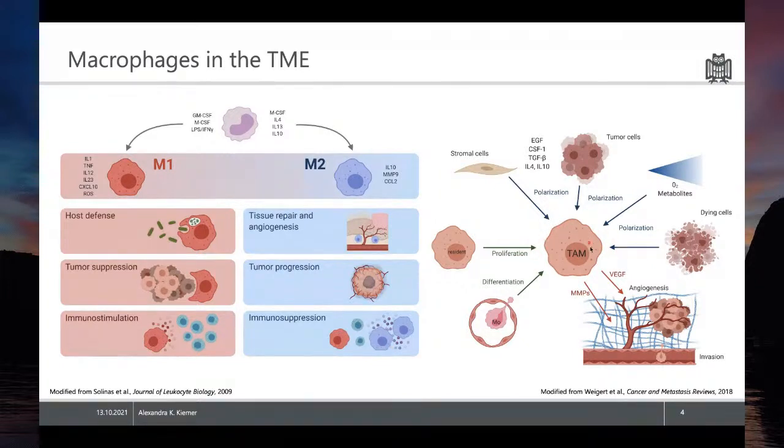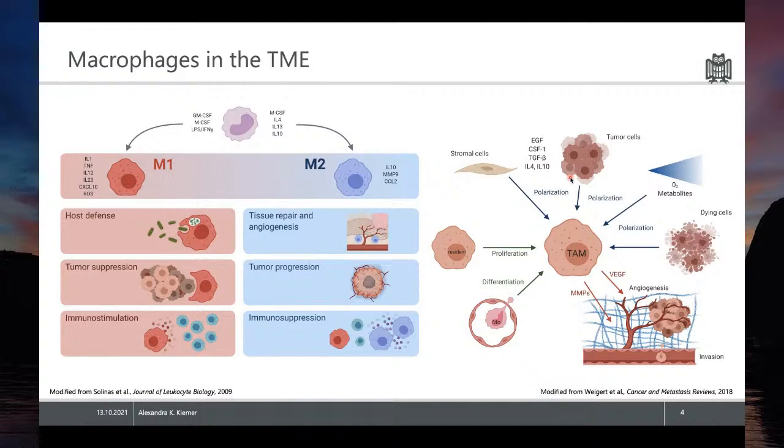As already mentioned, these tumor-associated macrophages can either differentiate from monocytes, which come to the tumor from the blood vessels, or proliferate from tissue-resident macrophages. The real polarization, for the macrophages to really become tumor-promoting, is facilitated first of all by the tumor cells themselves.